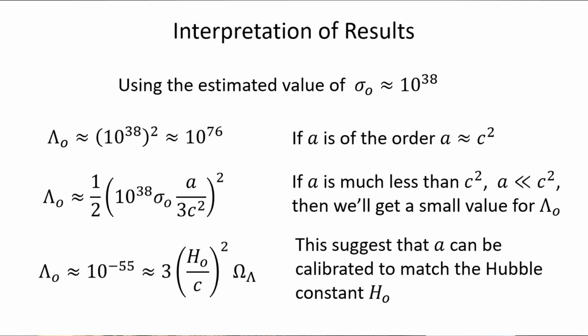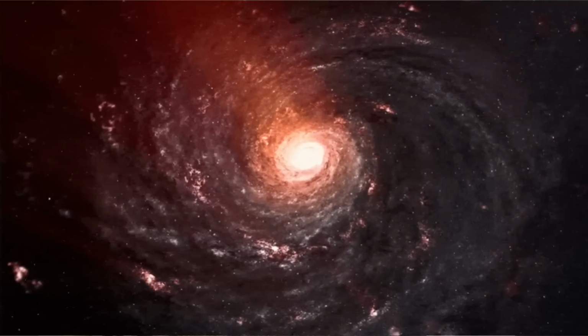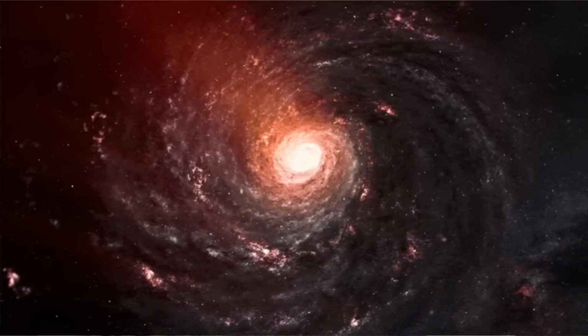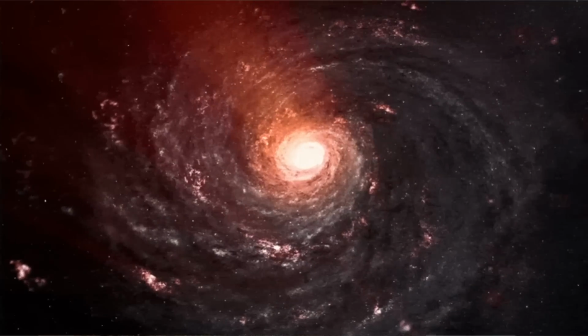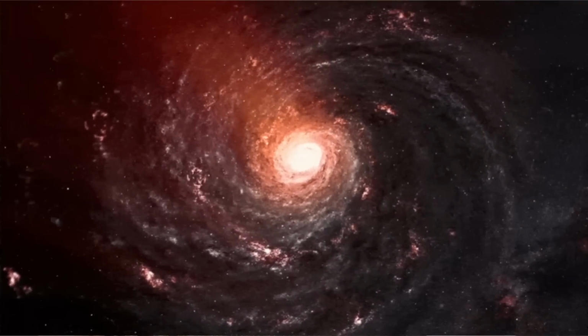Now, this leads to a problem in physics. The cosmological constant was initially used to determine what kind of universe we live in, whether it's static, whether it's open and expanding, or whether it's going to close in on itself.